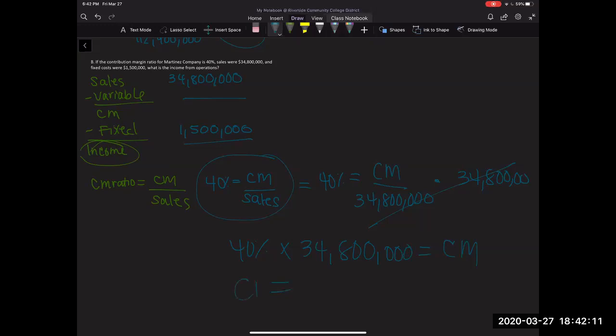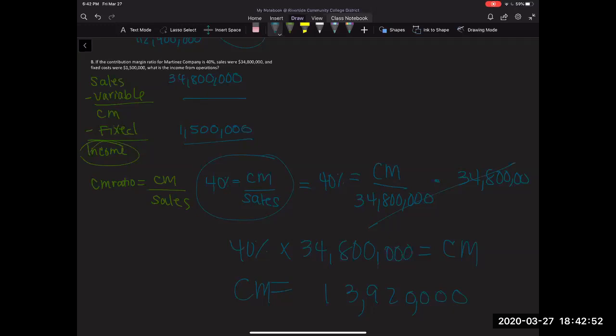So what does our contribution margin come out to? Let's do the math: 40% times our 34,800,000. Our contribution margin comes out to 13,920,000.